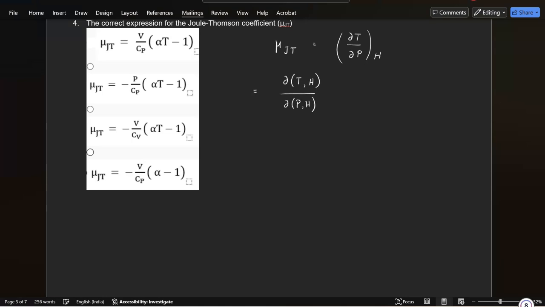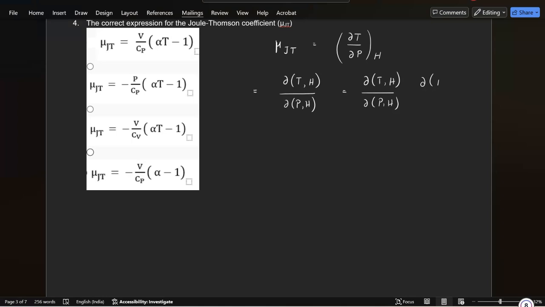Then we are using the Jacobian method for transformation. So this is how we can write this as a Jacobian. Now what we'll do is introduce another variable, multiplying and divide by it.